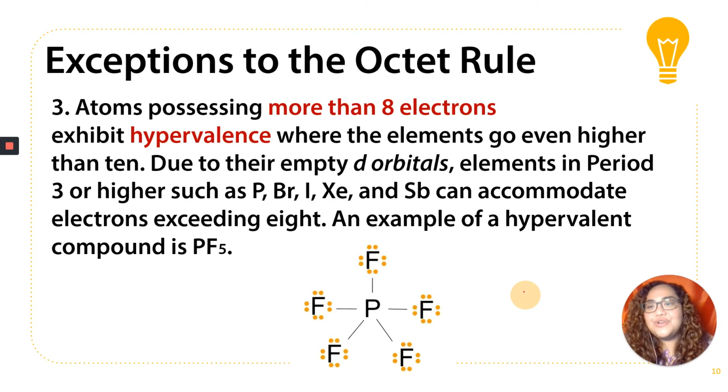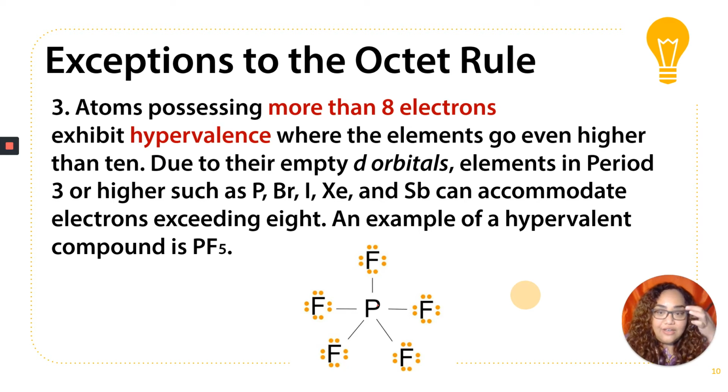Now third, atoms possessing more than 8 electrons exhibit hypervalence, where the elements go even higher than 10. Due to their empty d orbitals, elements in period 3 or higher, such as P, Br, I, Xe, and Sb, can accommodate electrons exceeding 8. So this is an example.